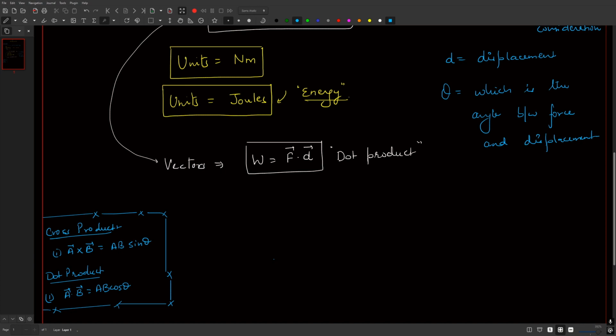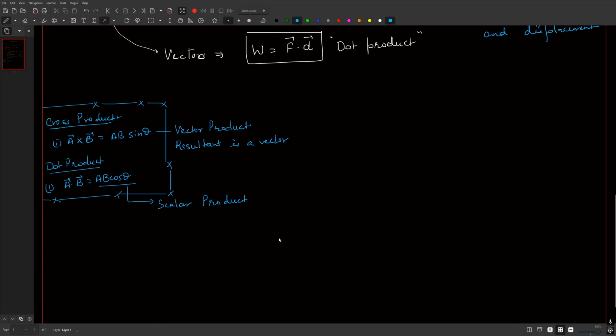Now, the cross product is also known as vector product because the resultant is a vector. And the dot product is also known as scalar product because the resultant is a scalar.